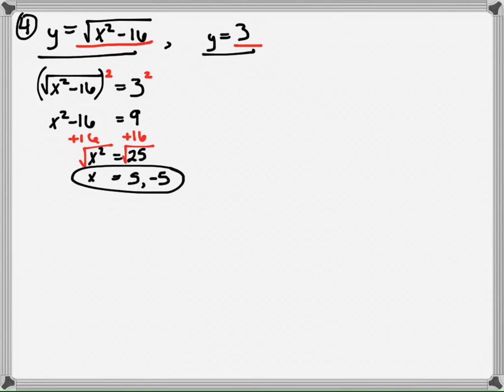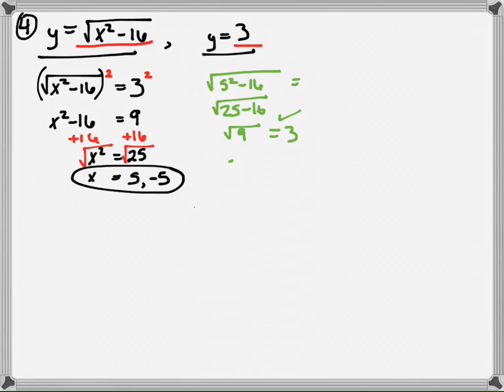And so let's go back and check it and see if both solutions work. So if I was to check the positive 5 squared minus 16, I'm just curious what number that comes up with. So that's going to be the square root of 25 minus 16, which is the square root of 9, which is equal to 3. Does that check out to what my original equation was?